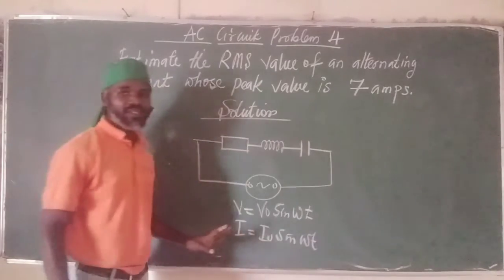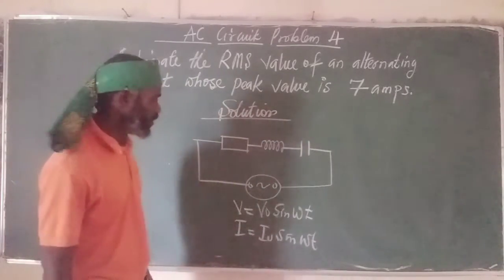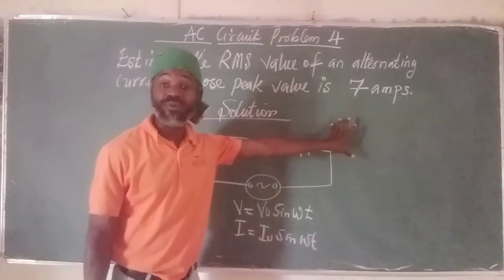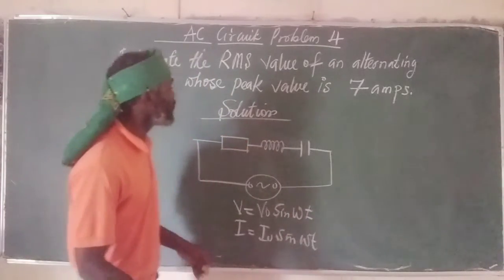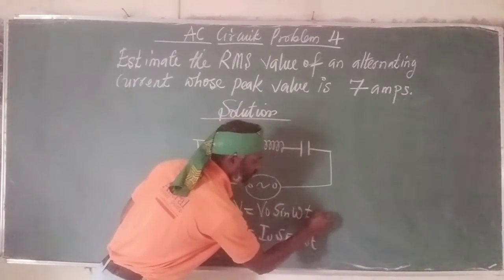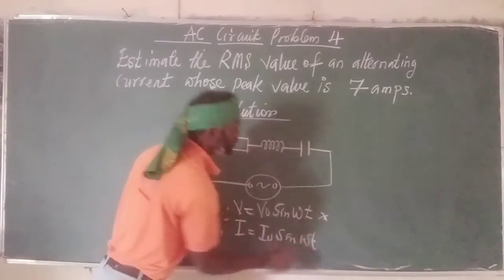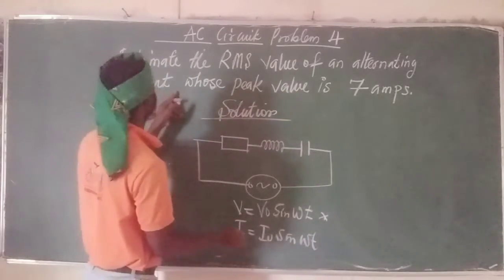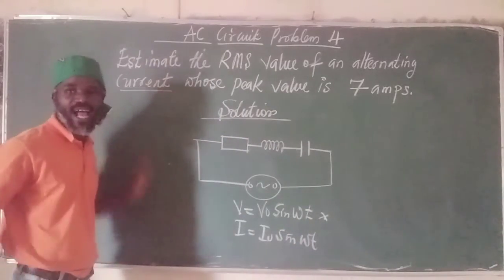But the question is very simple. If we have been given the peak value of the current, we are not going to make use of this, because this has to do with voltage. This has to do with current.